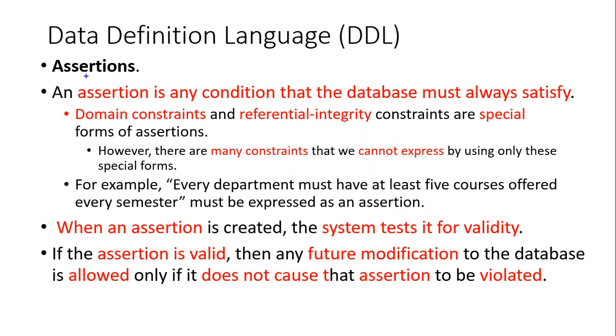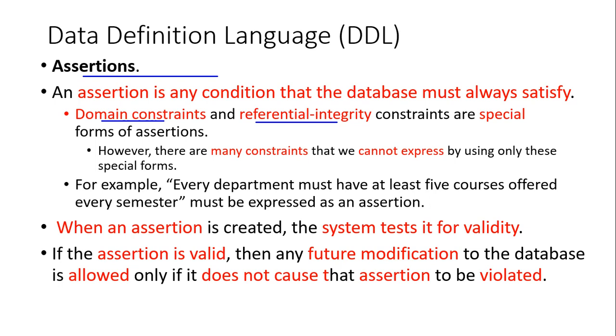Next one is the assertion. Now, assertion is slightly a special form of domain constraint and referential constraint. Most of the time, you cannot put the domain or referential constraint in all situations.